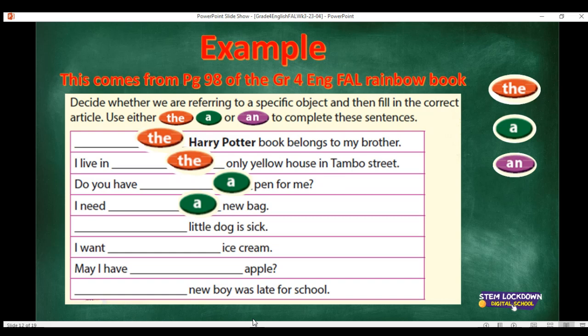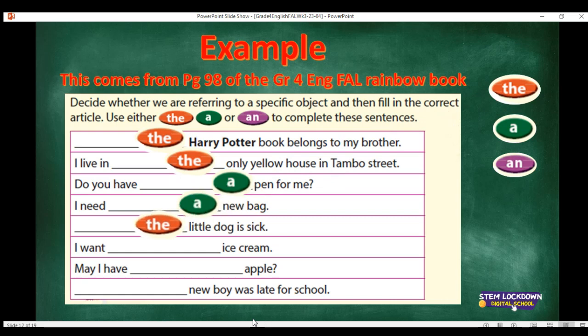Number 5, little dog is sick. So is it an little dog, a little dog, or the little dog? Because maybe now they're talking about a certain dog. So it's going to be the little dog is sick.